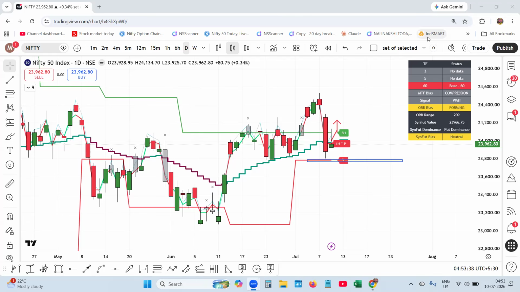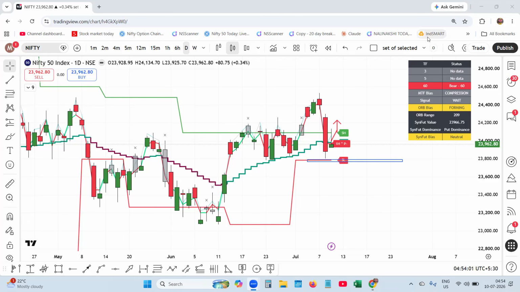Or the market may look weak outside, but synthetic future may reveal accumulation by smart money. That is very, very important. This is why professional traders continuously track synthetic future. Now, the relationship between spot and synthetic future has three situations.